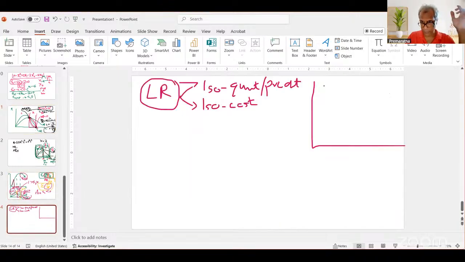Here we develop a curve called the isoproduct curve. Isoproduct means along any point, the production is equal, the same amount.